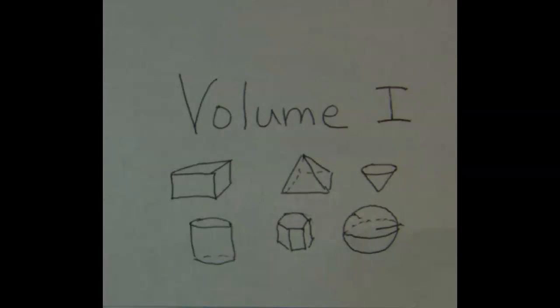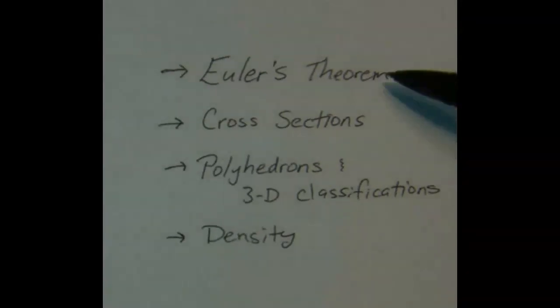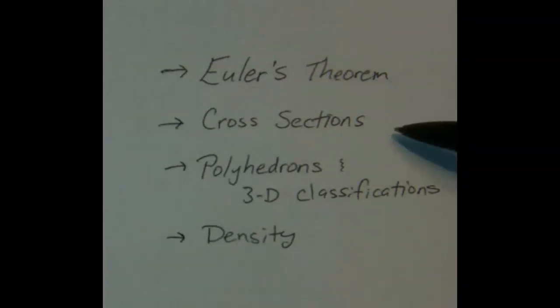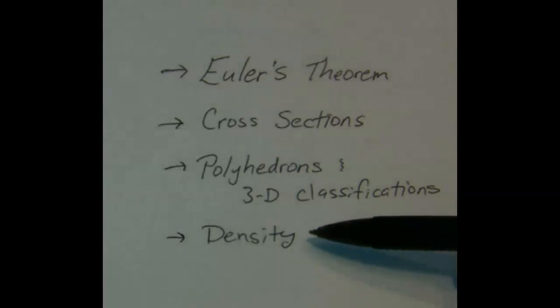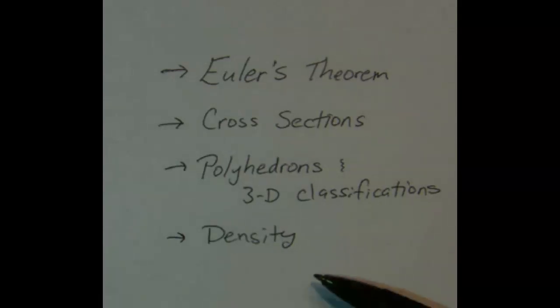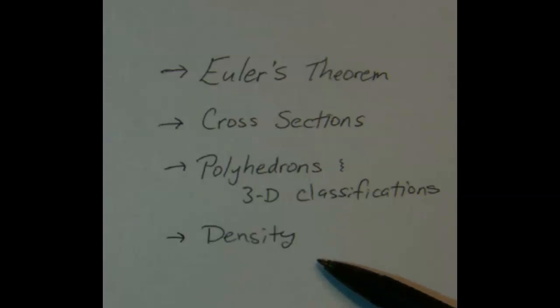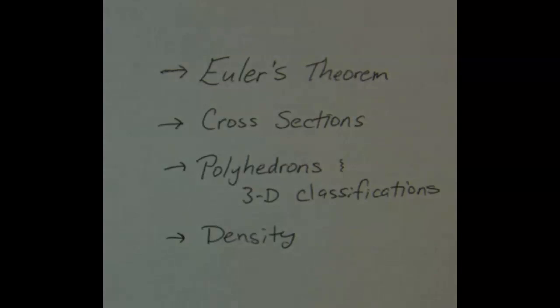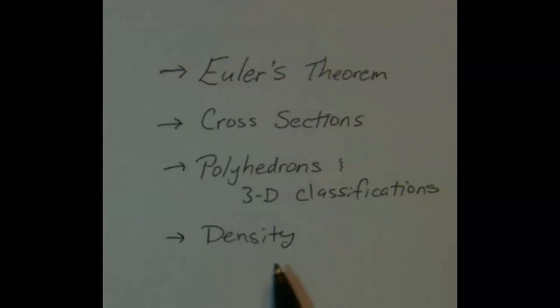If you were in school, here are some of the things that we are cutting out: Euler's theorem, cross sections, polyhedrons and 3D classifications, and a really big one, especially on the EOC, which you're not taking this spring because of our unfortunate mishap with the COVID, is density. And density is a really big component to volume. But those of you who go into physics, you'll get a big dose of this.